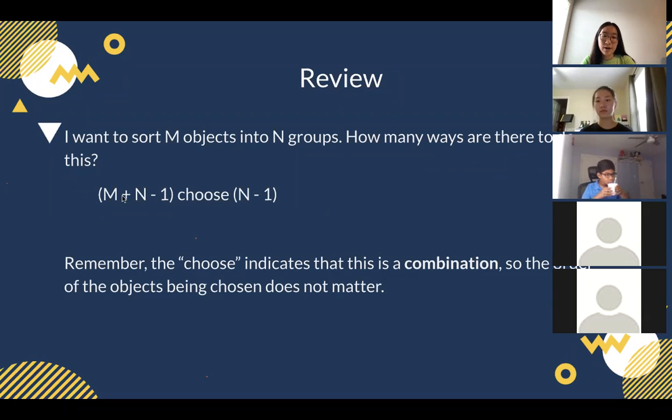There's going to be M objects, and there's going to be N minus 1 sticks or dividers, so we add them together to get the total number of objects. Then we do that number, choose N minus 1, the number of dividers. So basically the total number of objects plus dividers, choose the number of dividers. Remember that choose indicates that this is going to be a combination. The order of the objects doesn't matter, since all the candy is identical.